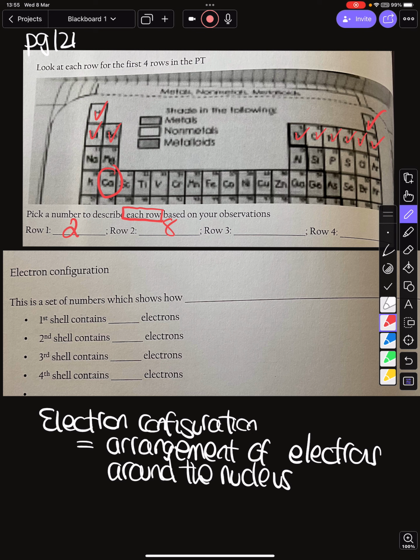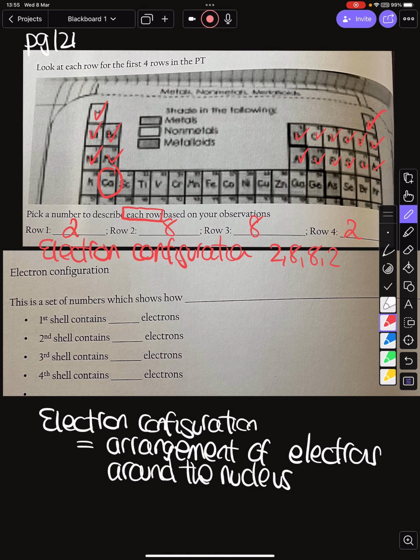In row 3, I similarly have 8 if you count them all the way across. In row 4, we're only interested in going as far as calcium, so to get to calcium, it is a 1 and a 2. What you have just done is written the electron configuration for calcium. We write it as 2, 8, 8, 2.